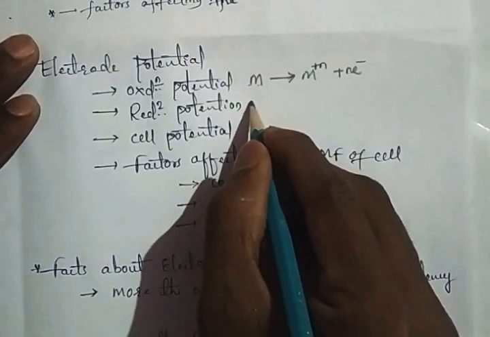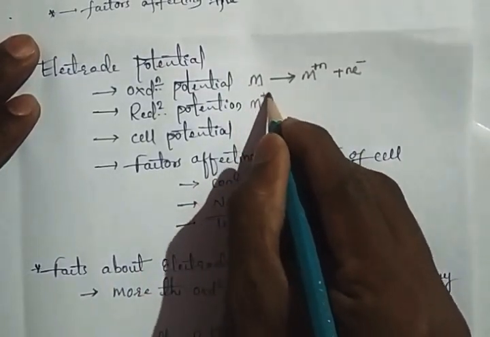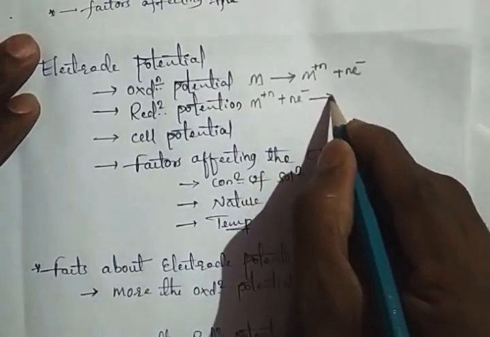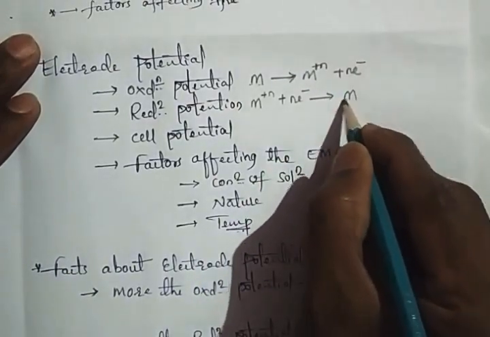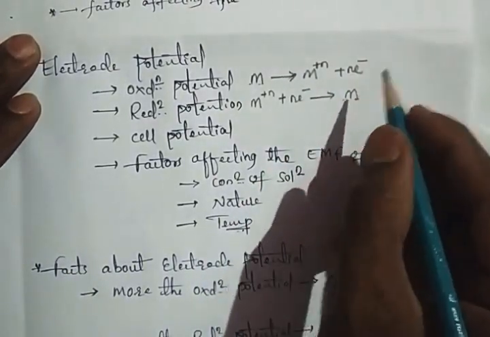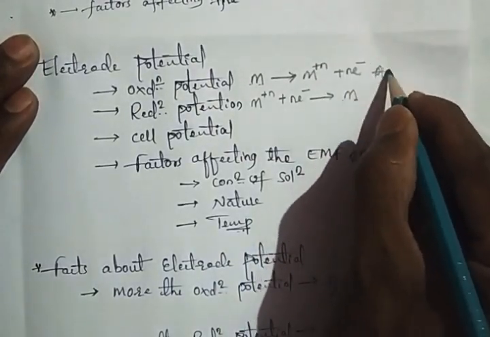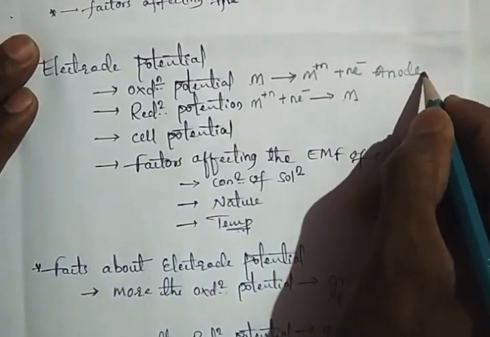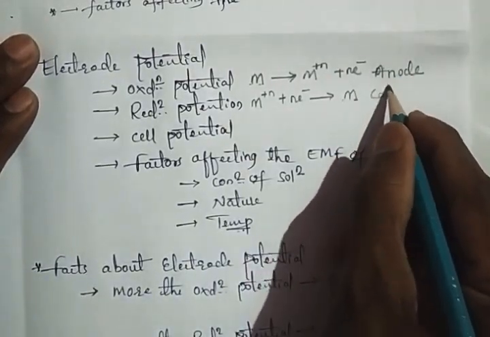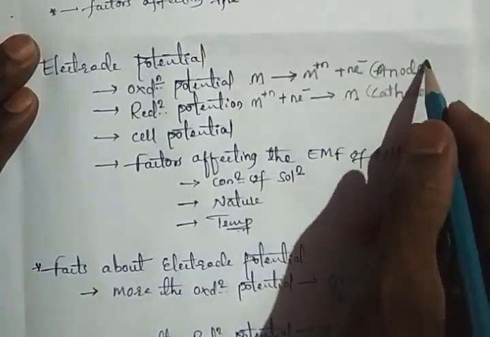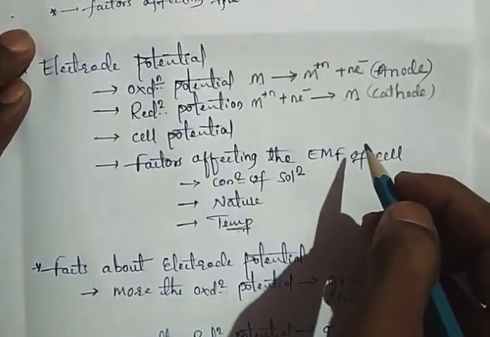Whereas reduction means gain of electrons, which gives rise to metal, and this takes place at the cathode. Oxidation takes place at the anode, whereas reduction takes place at the cathode.